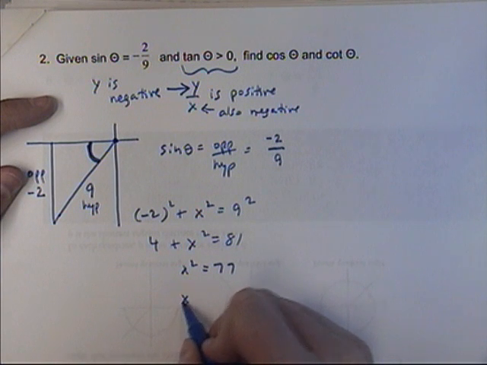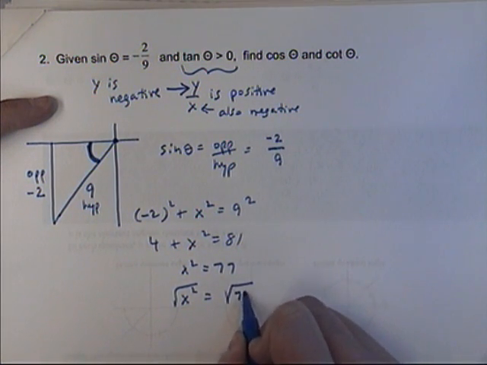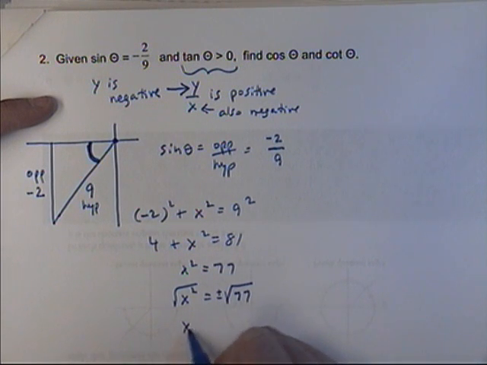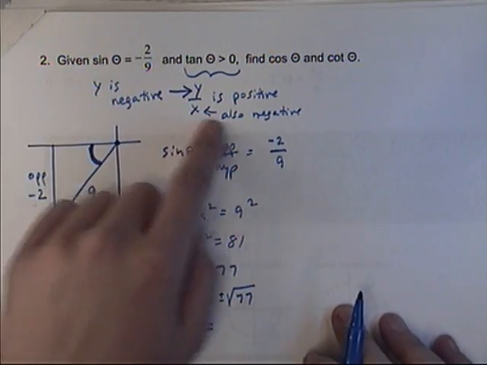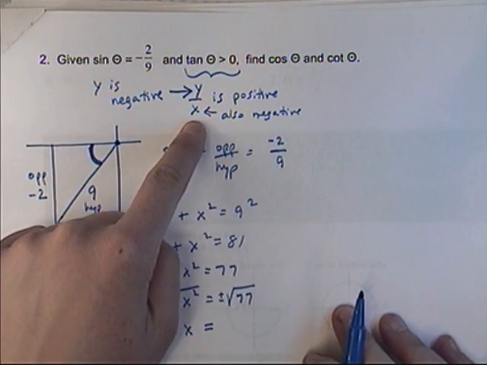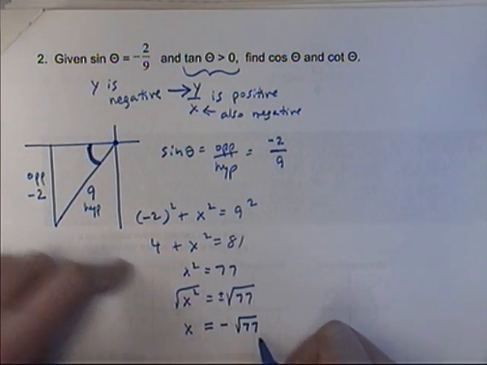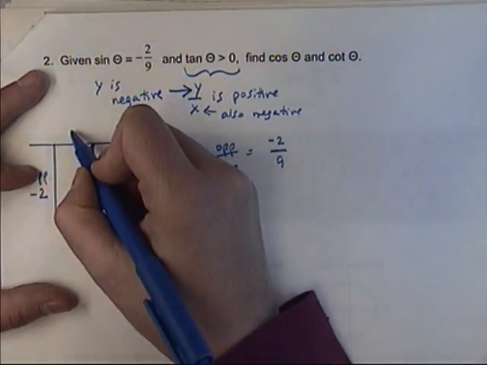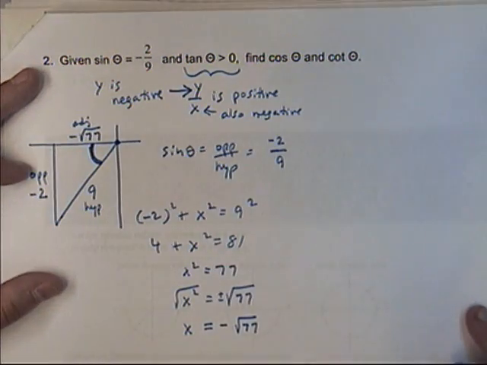Now this time I have to think about if x is going to be positive or negative. So I'll put the plus or minus on there only for a moment to think about it. So, is x negative or positive here? Well, wait, I already figured out that x is negative. So yes, x has to be negative root 77. So that's my adjacent side value, negative root 77.